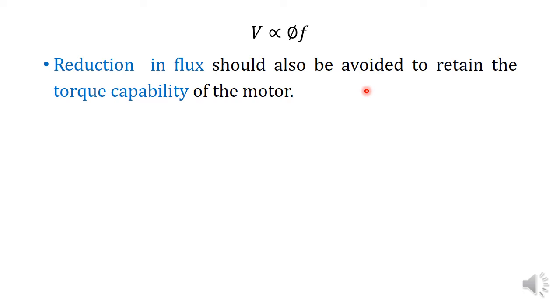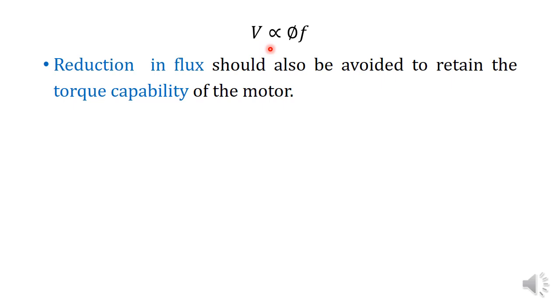Now let's see what is the solution for the first problem, that is magnetic saturation. In order to avoid magnetic saturation, we have to keep the flux constant. In order to keep flux constant, we have to ensure that the ratio V divided by F should be constant. If phi is constant, then V by F should be constant.